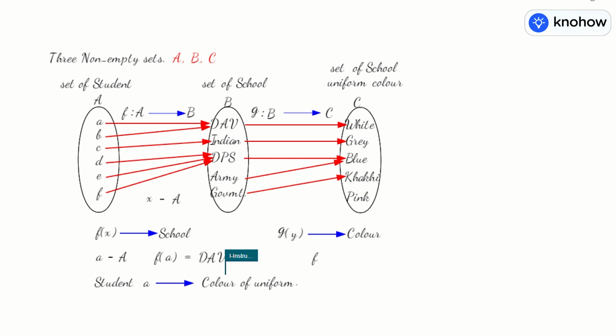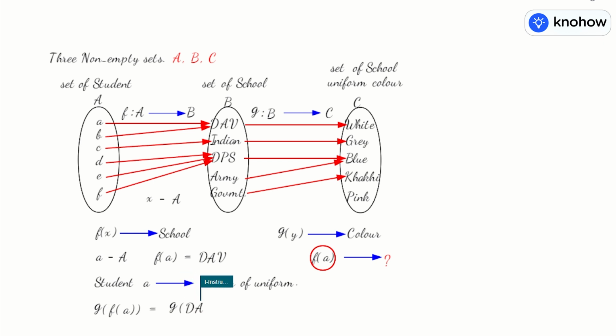That is, you need to know f(a). What is f(a)? f(a) assigns the school. And once you know the name of the school, then only you can find out the color. And which function assigns the color? The function g assigns the color. g assigns the color to each school uniform. Do you find? Now let us work out g(f(a)). Now what is f(a)? The student a studies in which school?